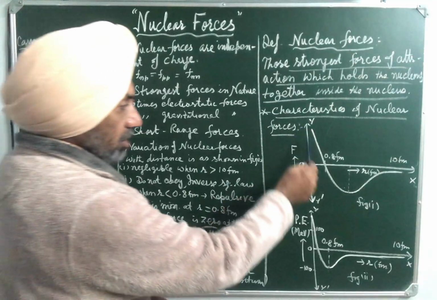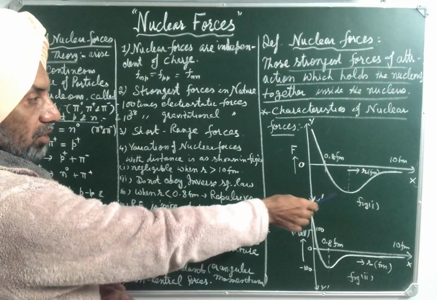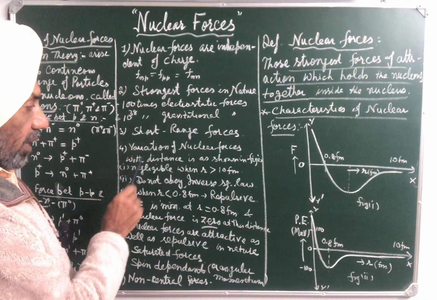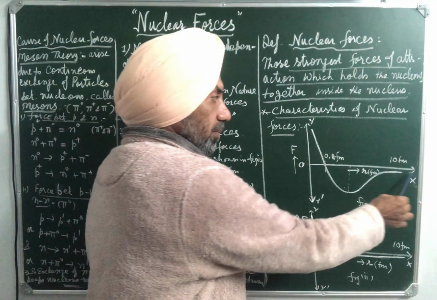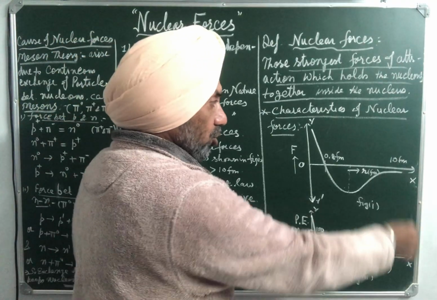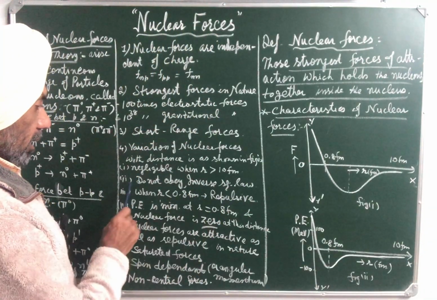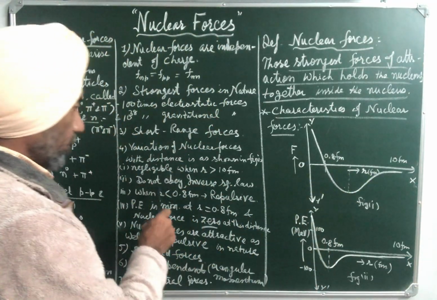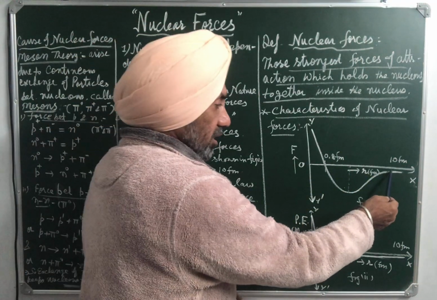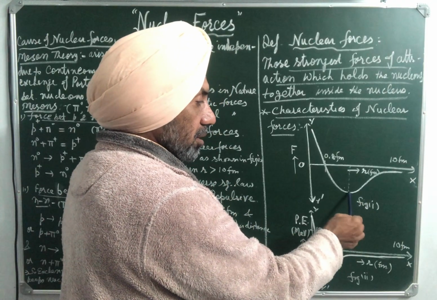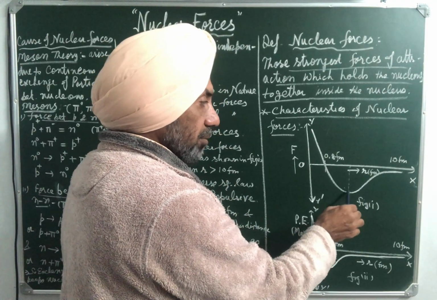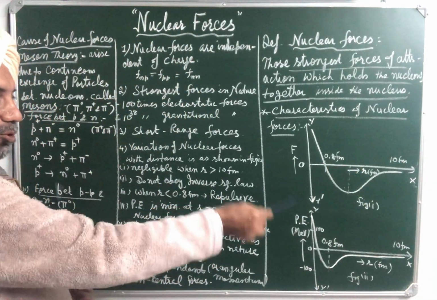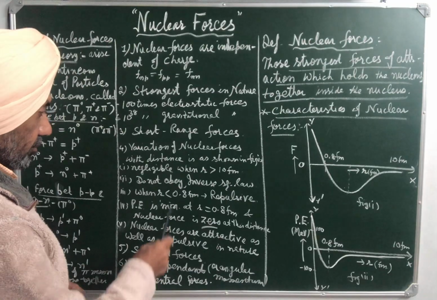Fourth, the variation of force versus distance as shown in the figure. From this graph we conclude some points. Number one, force is negligible, as I told, when distance is more than 10 Fermi. It means this nuclear force doesn't obey the inverse square law, because when distance decreases, force increases, becomes maximum. The force of attraction becomes maximum, but it doesn't obey the inverse square law, as we can see from this curve.